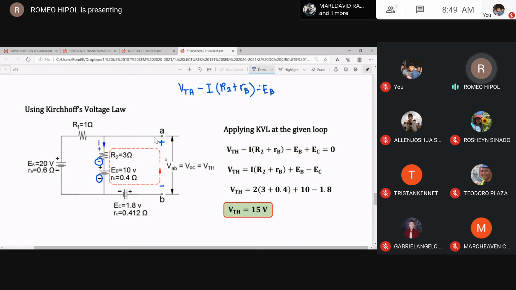Okay, next step is to get the voltage at E sub C. Okay, take note. Meron tayong internal resistance connected, at hindi naman connected. Actually, inside the battery yun, kaya internal resistance. Pero since we have a resistance, kailangan ba nating isama sa computation to?